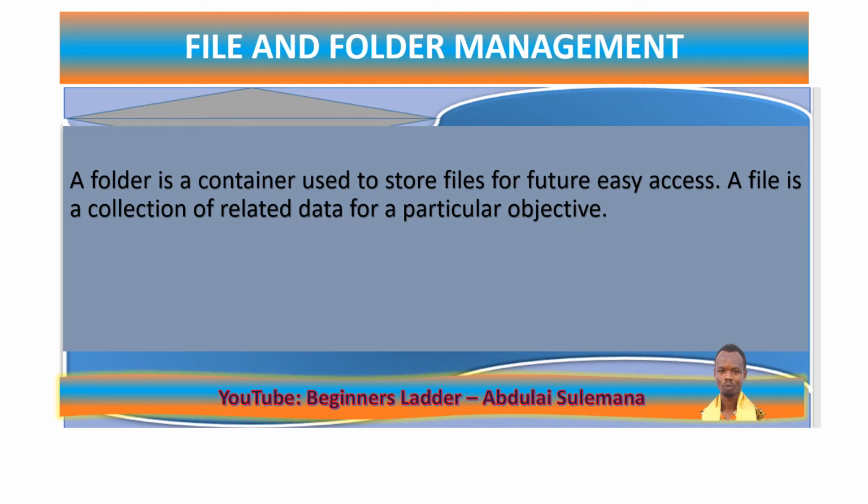And we said a file is something that contains related items. So supposing you are to write a program that calculates students' grades, it means that all the content in that particular program should be something that talks about how to grade students. Are we together? So all your algorithms, all your codes should have something in relation to student grading.